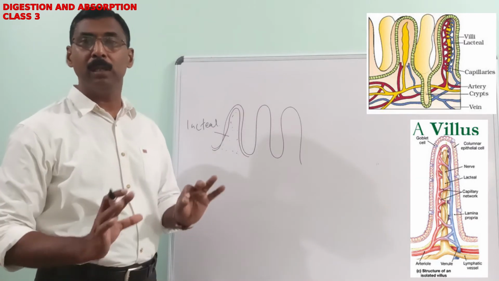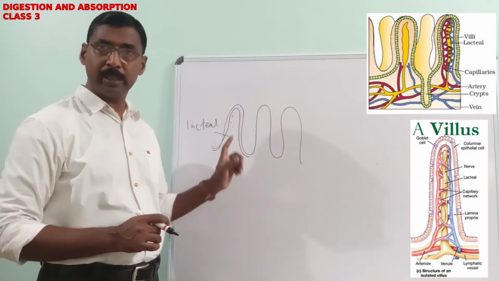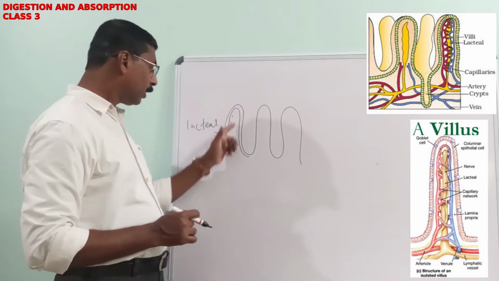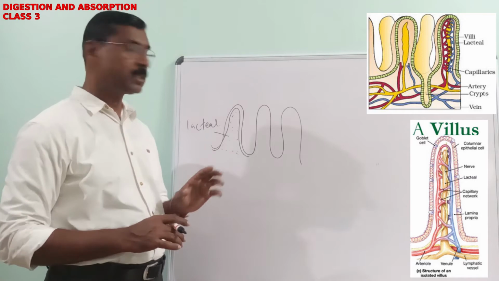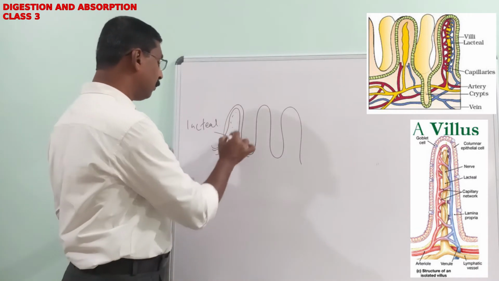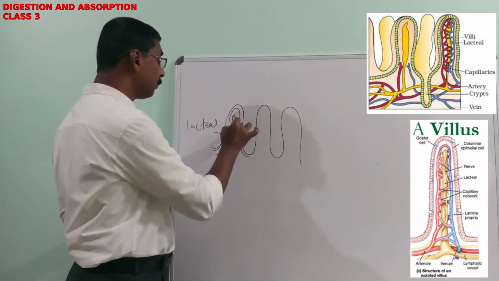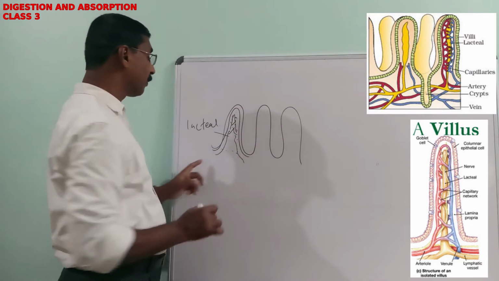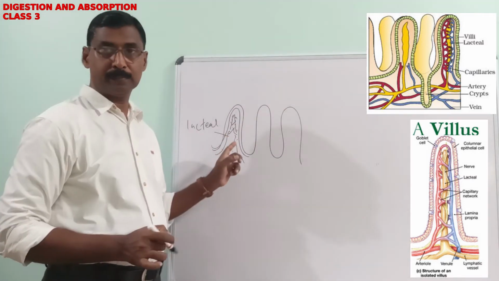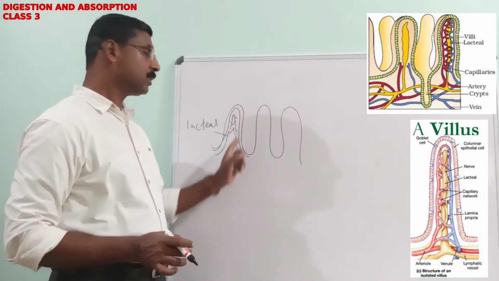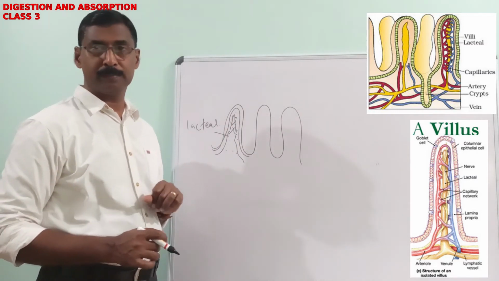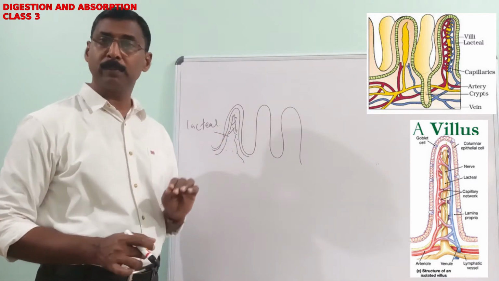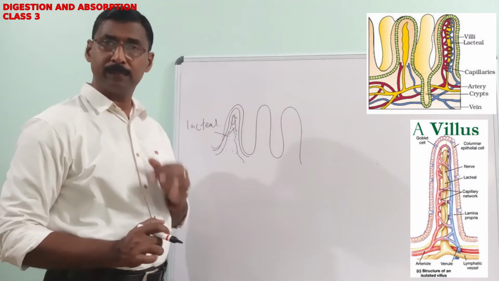It contains lymph. And also in the lacteal, there are blood vessels. Many blood vessel networks of capillaries can be seen in the lacteal. Okay. And these villi help in the absorption of digested food. Their main function is to absorb the digested food.